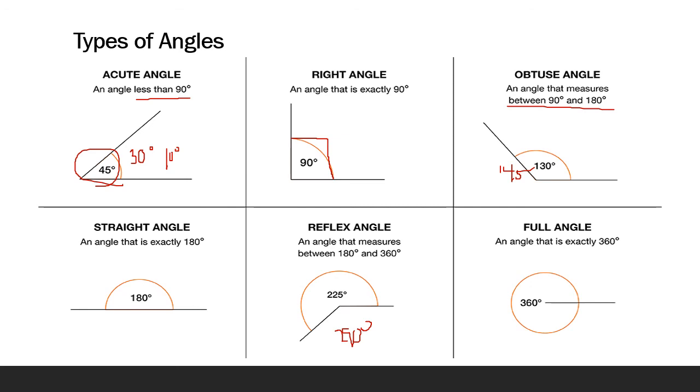If it exceeds 360 degrees, it falls beyond a full rotation. Okay, a full angle is exactly 360 degrees. It's a full angle, a full rotation of the line. Okay, and that's all.